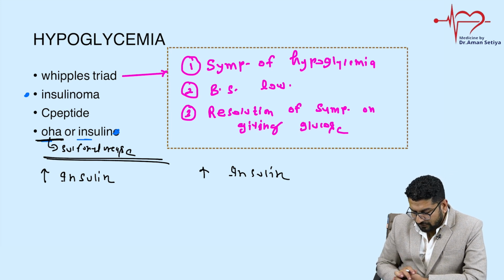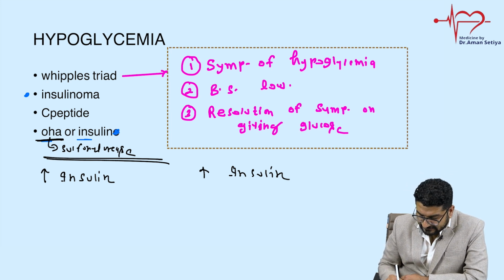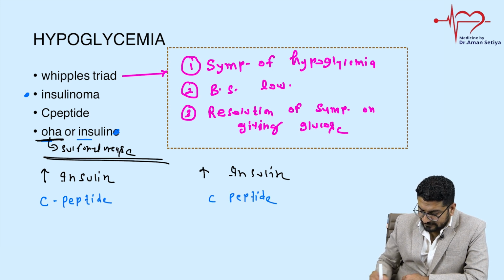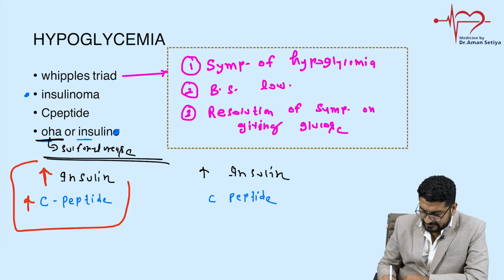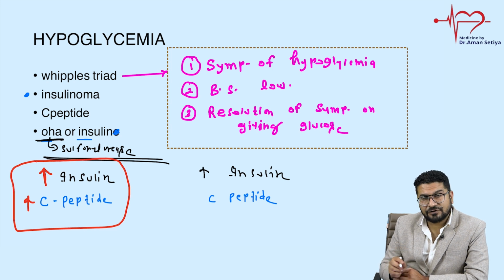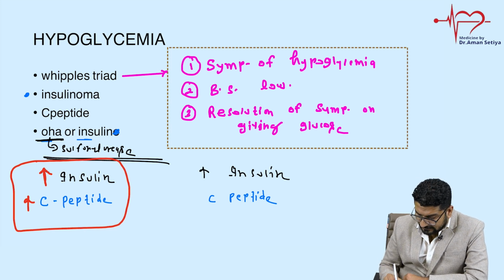In that case, how can we differentiate? We can do a test called C-peptide. C-peptide is released along with insulin. Just try to understand this: if insulin is more and C-peptide is more, it means endogenous insulin is being released, so this is a case of insulinoma, because both are released together.